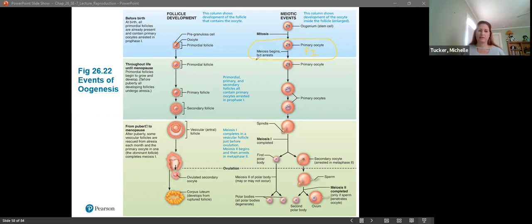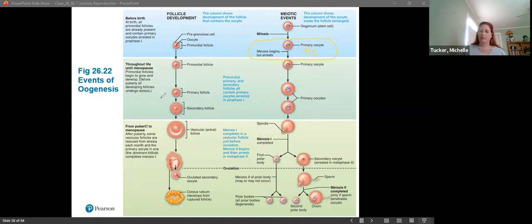These are going to arrest until puberty, and then in puberty, because of hormonal changes, which we'll talk about, that primary oocyte will undergo meiosis 1 and form a secondary oocyte and a polar body. This is only going to occur in something called the dominant follicle. A subset of follicles are selected to start development each month.